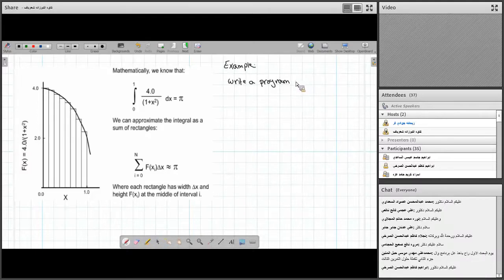برنامه‌ای بنویسید که عدد پی رو حساب کنه.